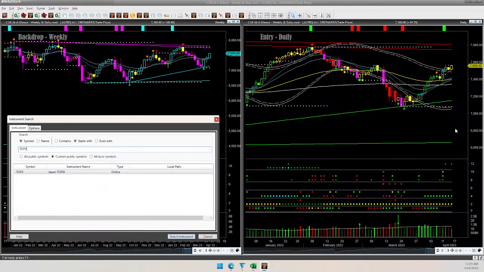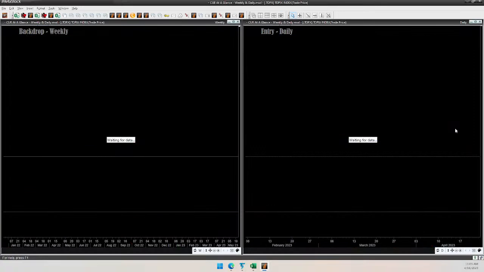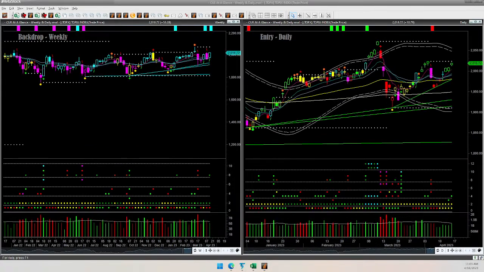Let's look at Japan's Topix index next. Topix index flipped from magenta color to cyan color this week in the weekly chart.